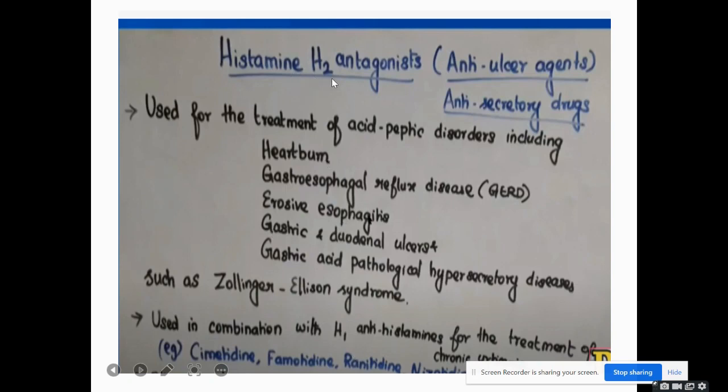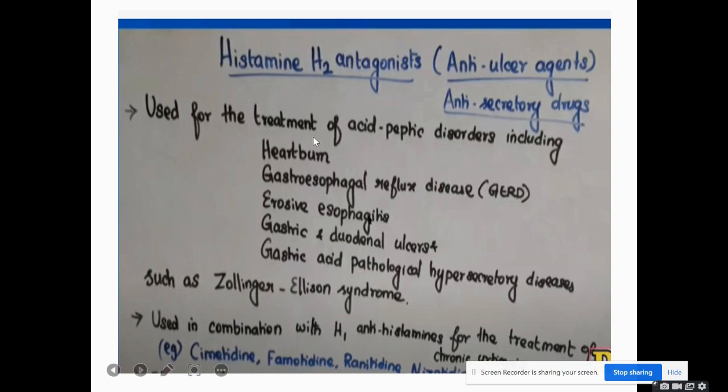Now, these H2 antagonistic drugs are also called anti-ulcer agents because they treat ulcers, and since they decrease the secretion of acid, they are also called anti-secretory drugs.